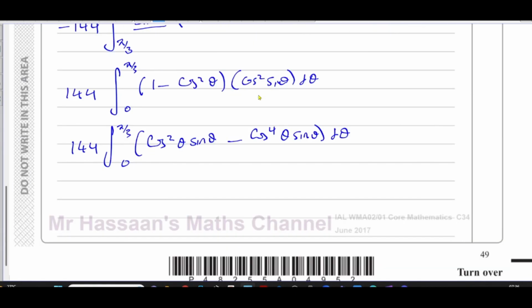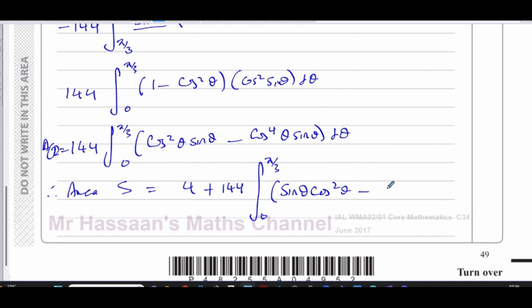So therefore, I can say that's the area of section 1 or 2. Okay, so therefore, the area of S is going to be 4 plus 144 times the integral, between the limits of pi over 3 and 0, of sine theta times cosine squared theta minus sine theta times cosine to the power 4 theta with respect to theta.